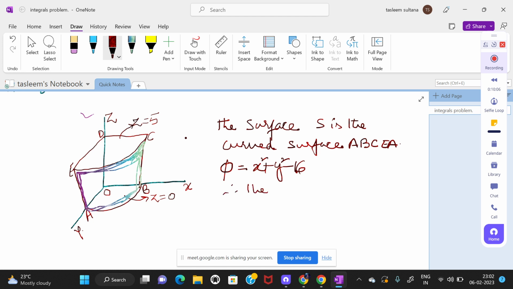Therefore, the normal to the surface S is gradient phi. Ma'am, I got disconnected. Could you just repeat? They have given the circle equation that we are denoting with phi. Phi is equal to x square plus y square minus 16. Therefore the normal to the surface S is gradient phi. Gradient phi means what we have to find.